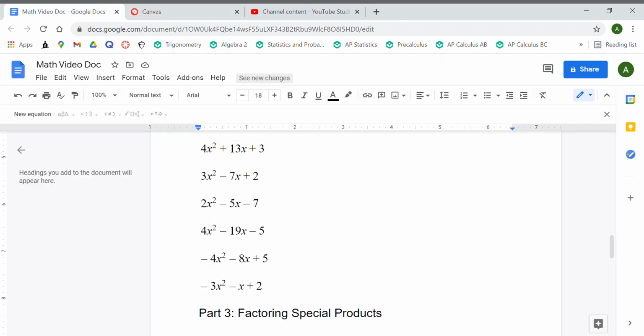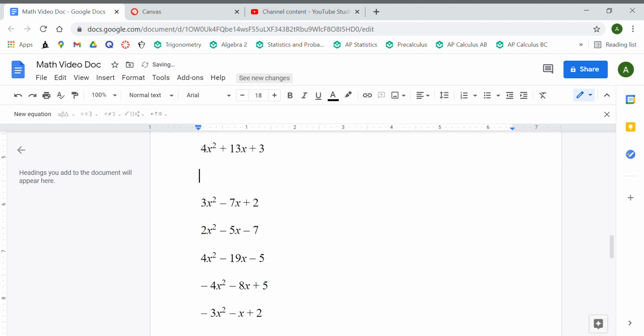All right, so now we are ready to factor this out. So I'm actually going to put some stuff in parentheses, so it's going to be 4x squared plus 12x, then close parentheses, and it's going to be plus x plus 3.